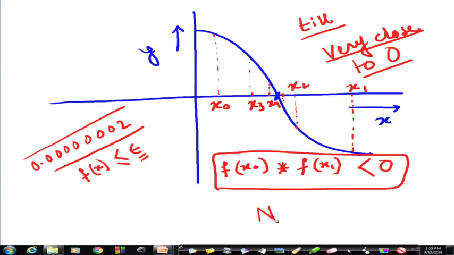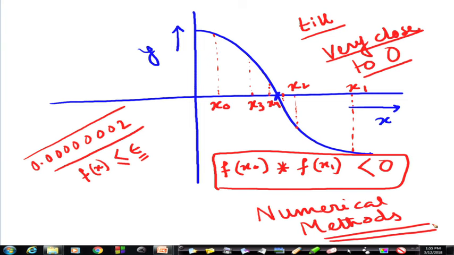Now, when I carry it out through a computer, such attempts to solve such problems are known as programming numerical methods. We will start with some representative, relatively easy examples of numerical methods.